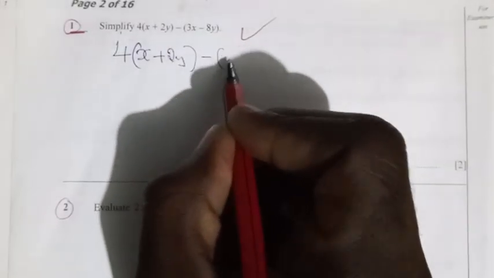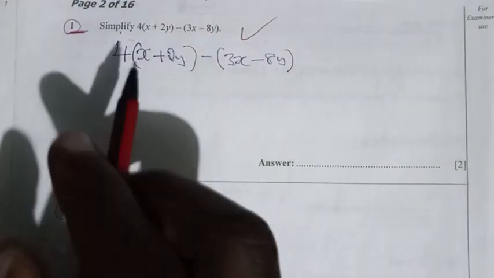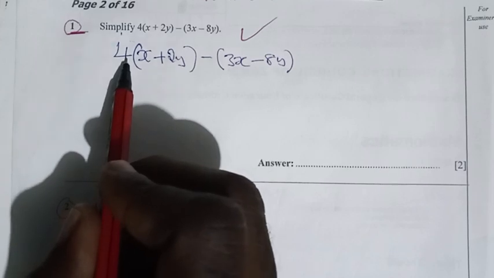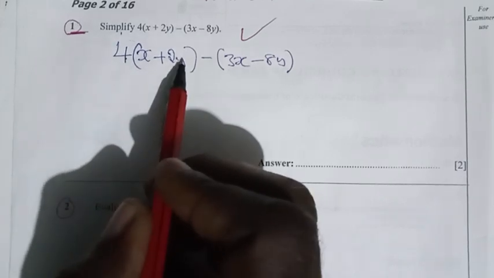4(x + 2y) - (3x - 8y). So what do you do first? We remove the brackets. How do you remove the brackets? We need to multiply the number which is outside the brackets times everything inside.